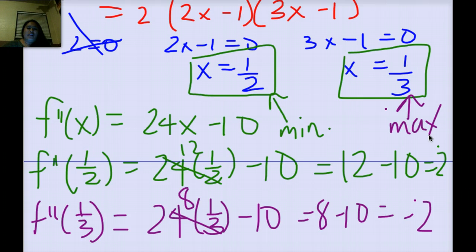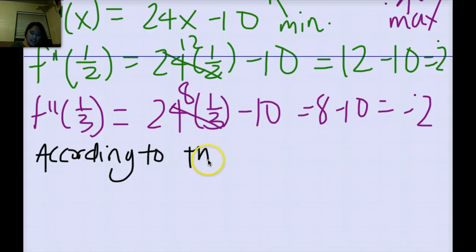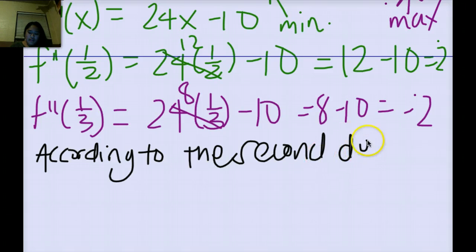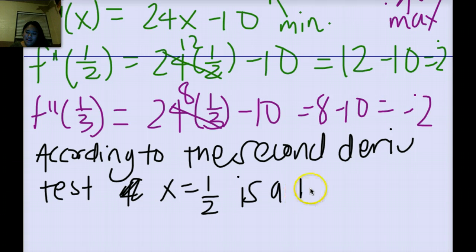So all you need to say is, and let me write this down. I'll try to write neatly. According to the second derivative test, x equals 1/2 is a minimum. Oh, I'm sorry. Oh, yes, it is a minimum.